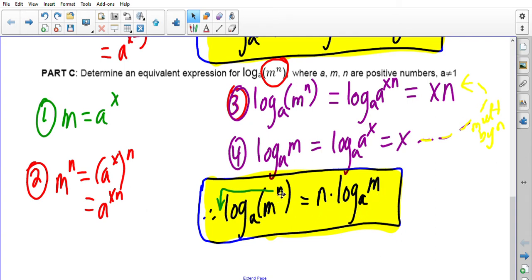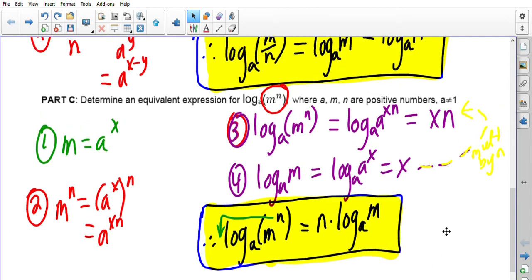I always tell students to visualize bringing the exponent down in front, and then everything else stays the same. So when you have an exponent in the power, you can bring the exponent down in front and multiply it by the log expression. And that is log law number 3.